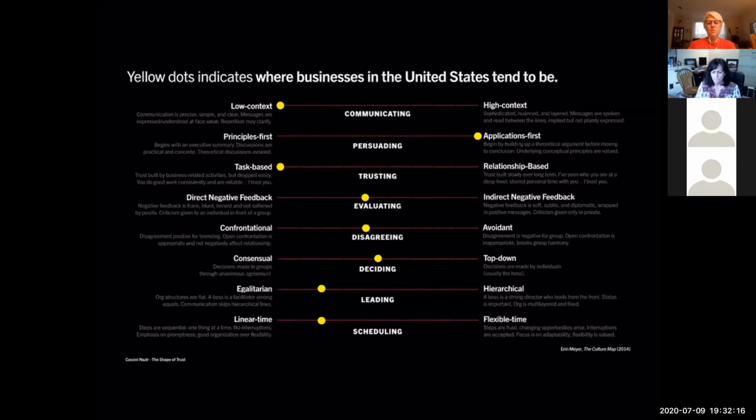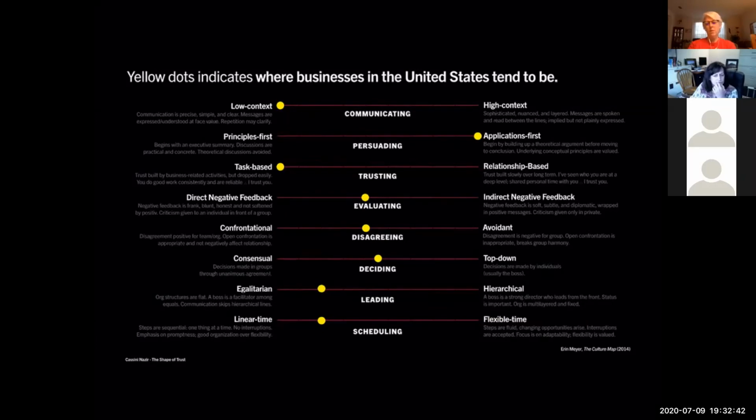And trust in the US tends to be task-based. You do good work consistently and you're reliable, so I trust you. Whereas in relationship-based cultures, trust builds slowly over time. I know who you are, I've seen you at a deep level, we share some personal time together. Therefore, as a result of that shared time, I trust you.